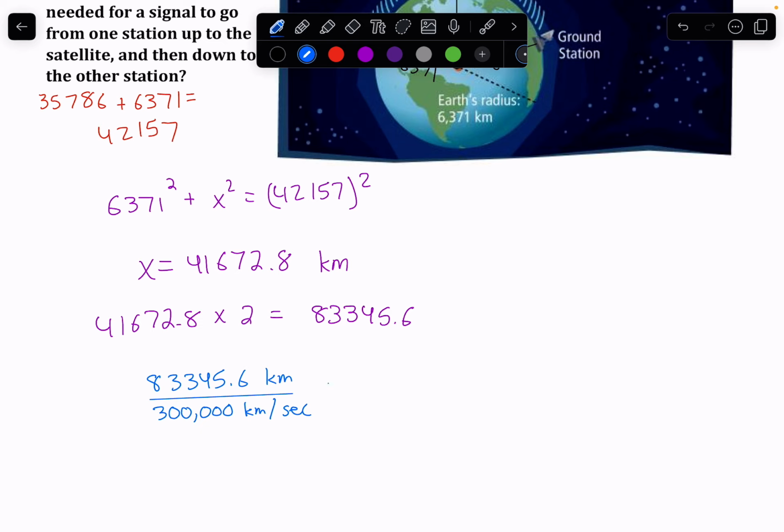And we end up with 0.278 seconds. And that is how long it takes for the satellite signal to go from a ground station to the satellite and back to the other ground station.